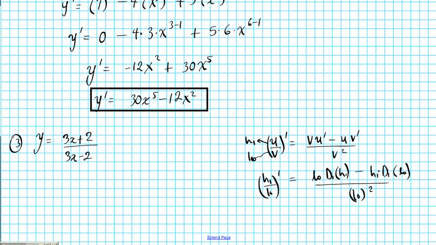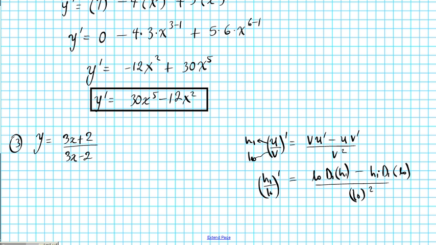I don't know how this helps people, but some people use this idea of low d high minus high d low over low squared to remember the quotient rule. But I just use v u prime minus u v prime over v squared. All right, whichever one makes you happy.